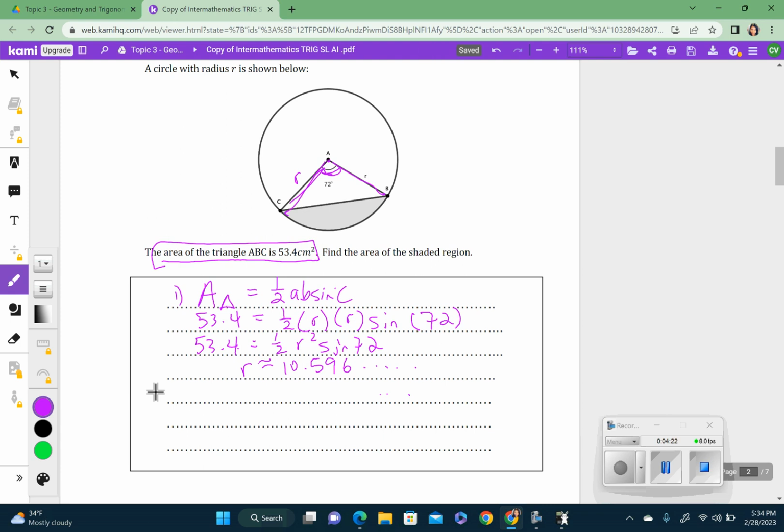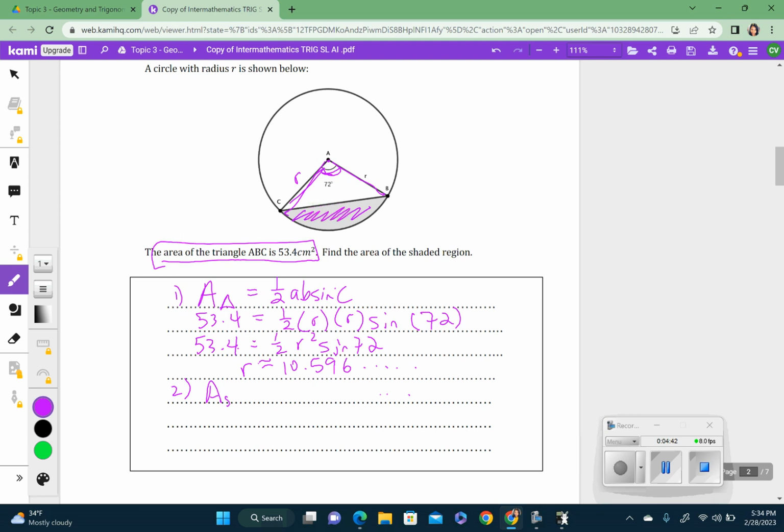Now that we have our radius and we have the area of our triangle, I can see that the shaded area, this little section that I'm looking for, plus the triangle is going to give me the area of this sector. So the second thing I want to do is look for the formula for area of a sector.